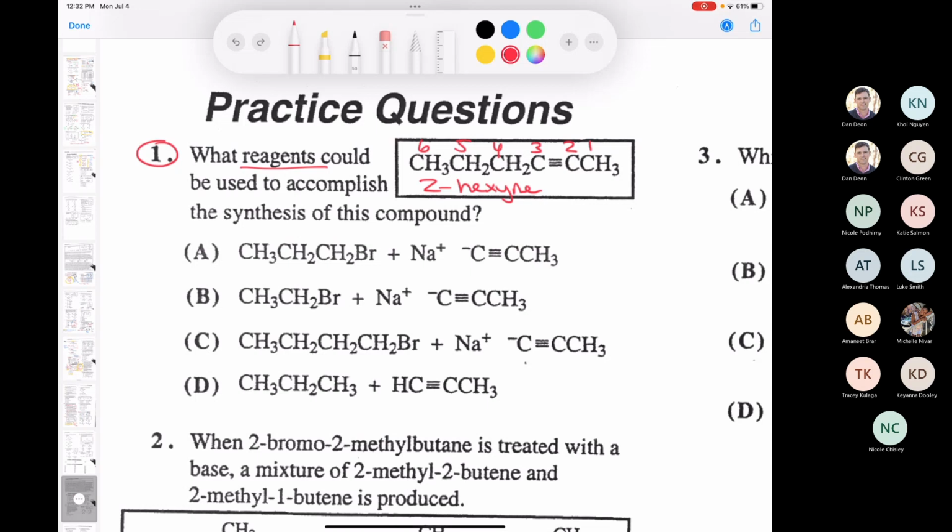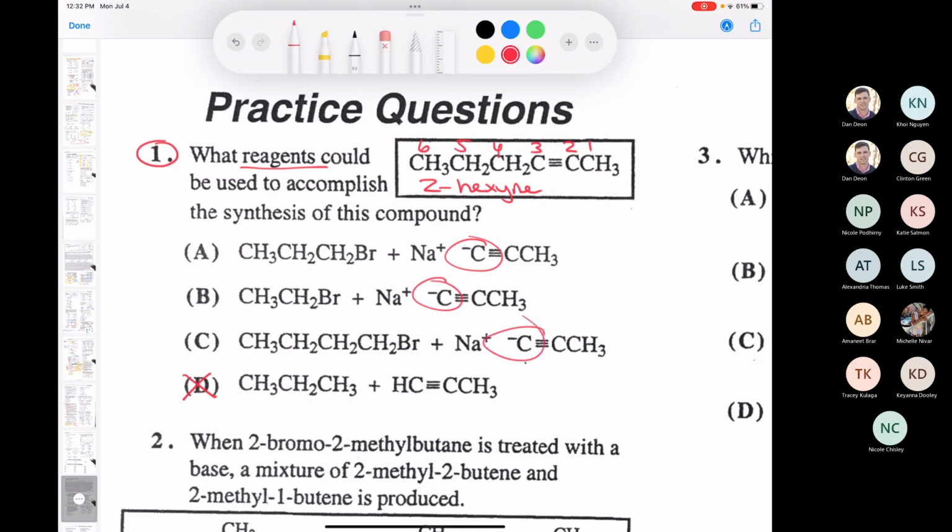Everybody smelled something rotten with D. I agree with all of you. D is a big no-no because you're taking an alkyne and an alkane, they're not going to react, right? You're not going to do an SN2. That's impossible. So D is impossible because there's no nucleophile, there's no electrophile, so there's nothing. You've got to have some kind of carbanion.